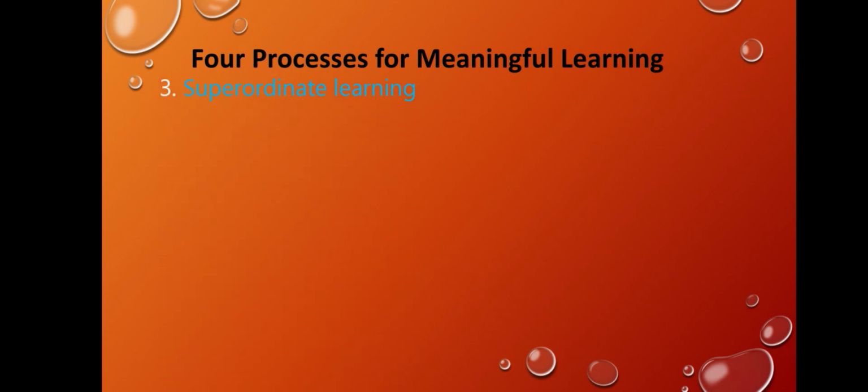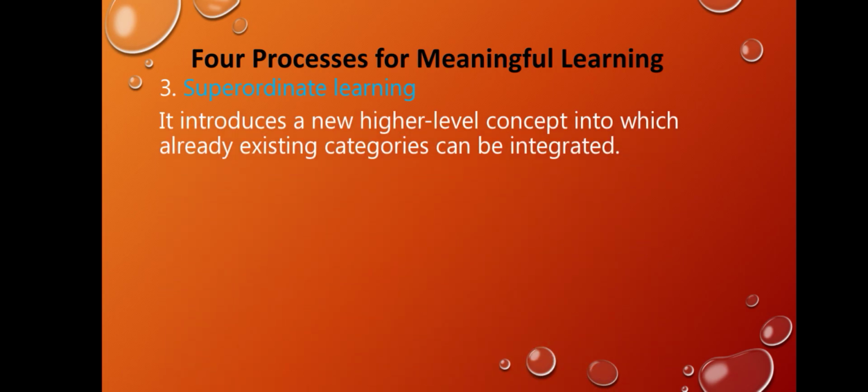Third one is superordinate learning. It introduces a new higher level concept into which already existing categories can be integrated. Halimbawa, alam ng bata ang mansanas, saging, mangga, at kung ano pa, pero hindi niya alam kung ano ang mga ito hanggang sa siya ay turuan na ito ay mga halimbawa ng prutas.